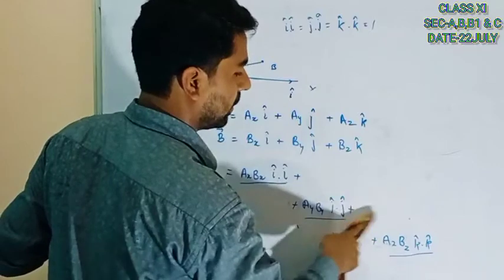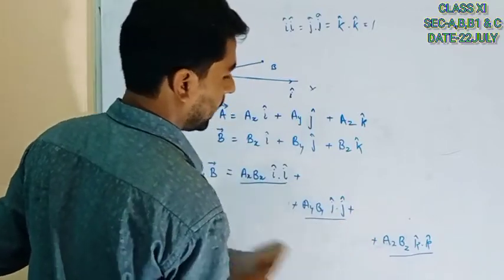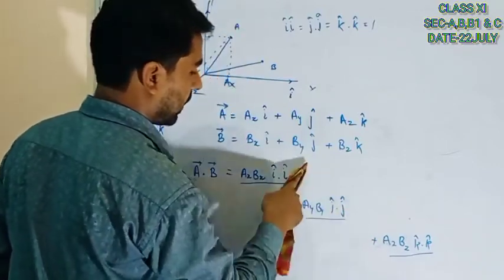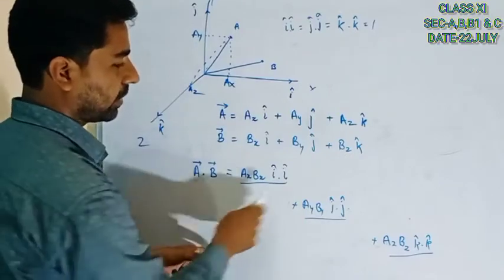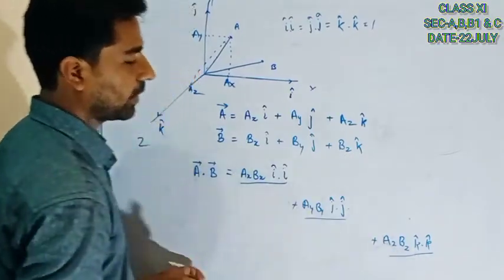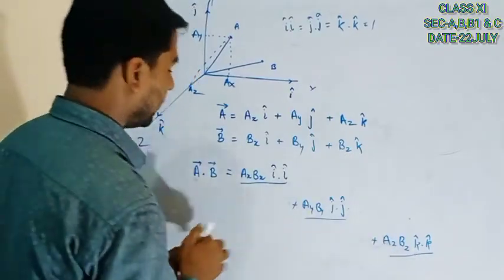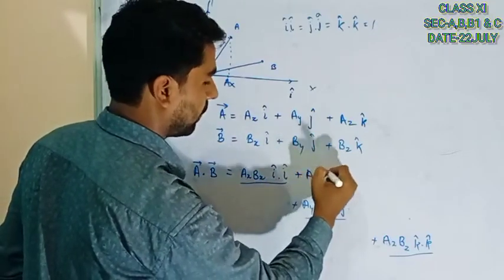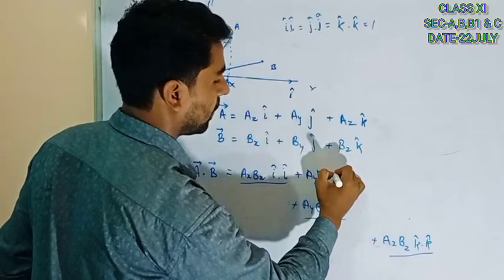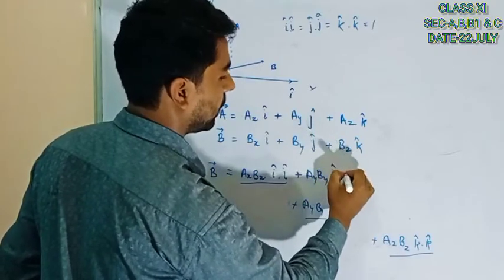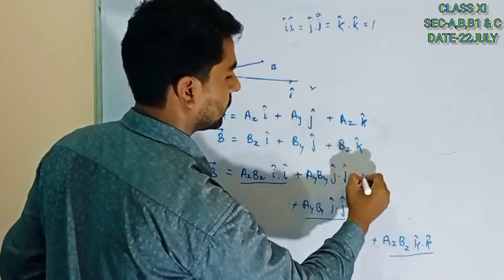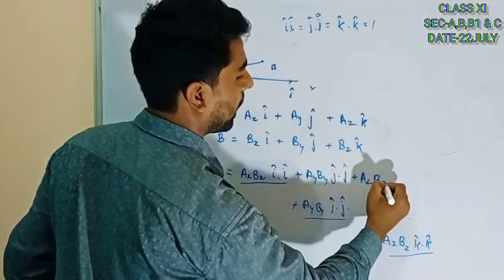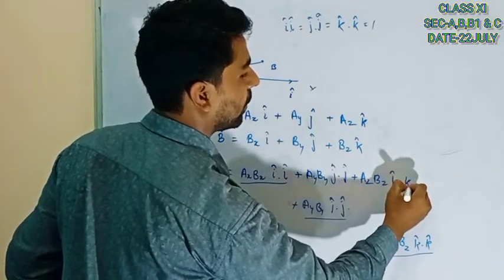Only what will be remaining? The products having i dot i, j dot j, or k dot k. So what we have got in the product, plus I am writing here ay by j dot j plus az bz k dot k.